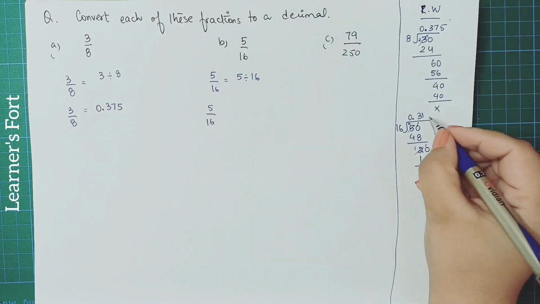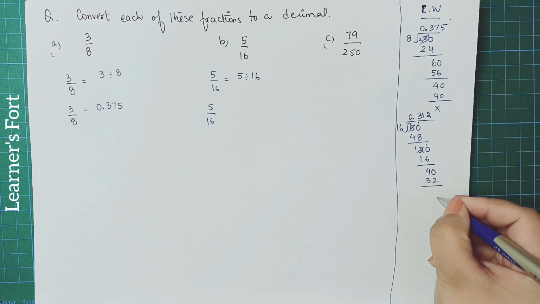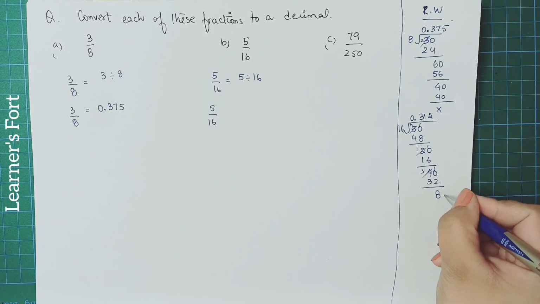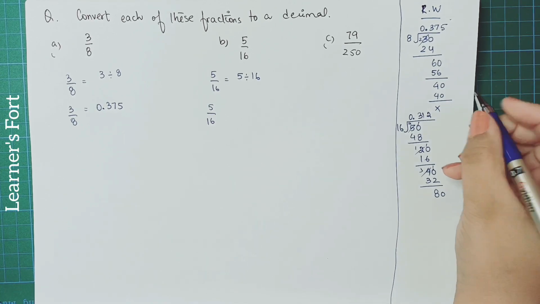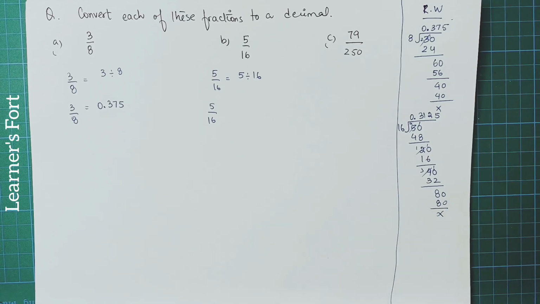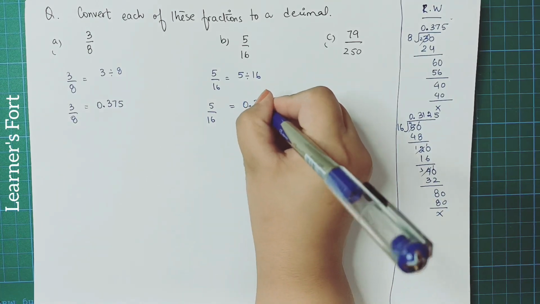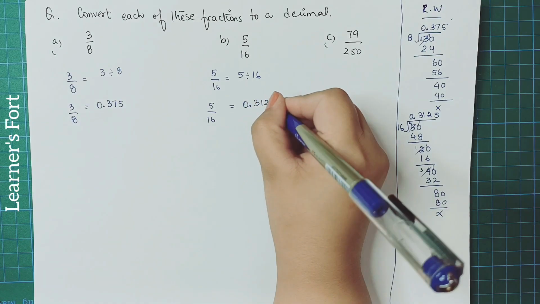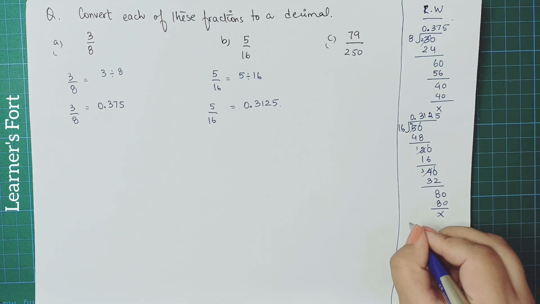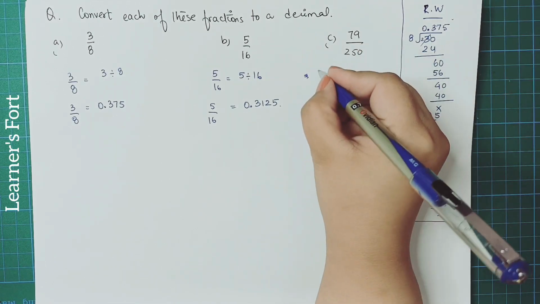So the closest is 16 twos are 32, and then we are left with 8, because 10 minus 2 is 8, and when we put 0, 16 fives are 80. Okay, so 5 upon 16 is equal to 0.3125.